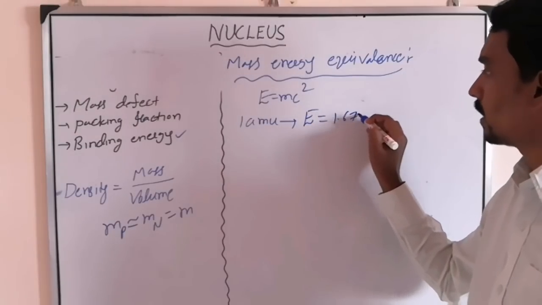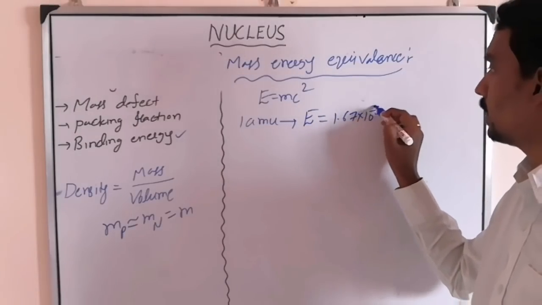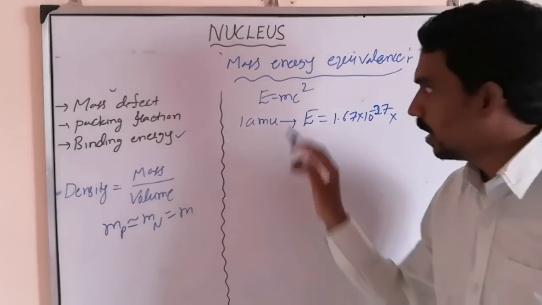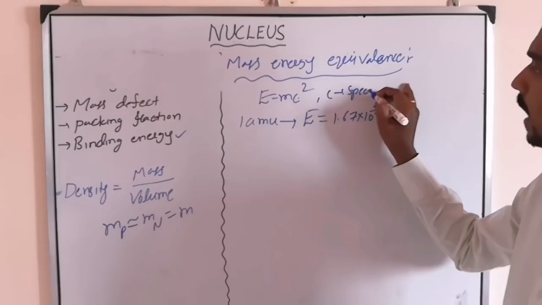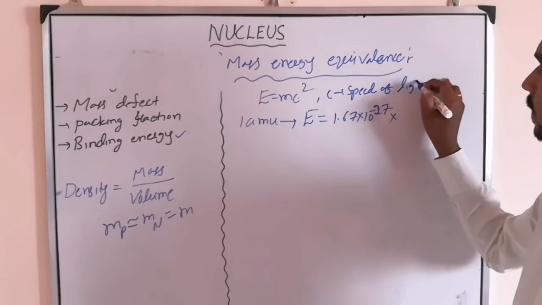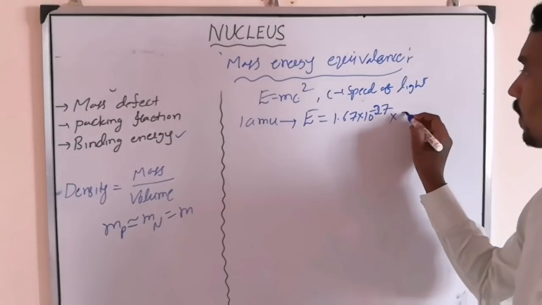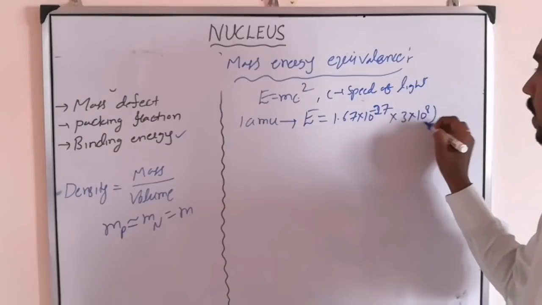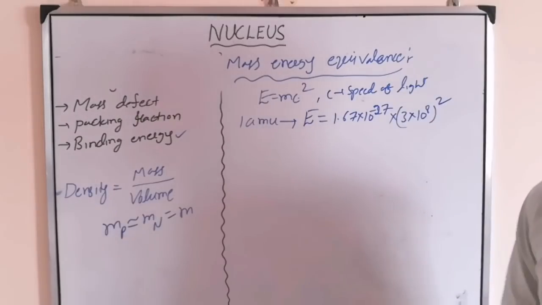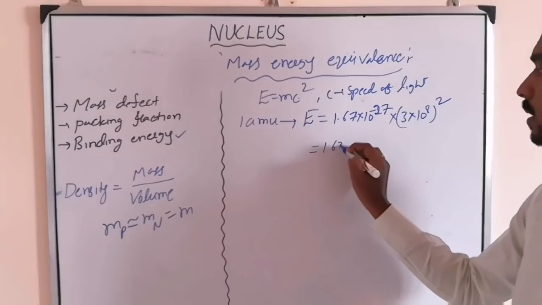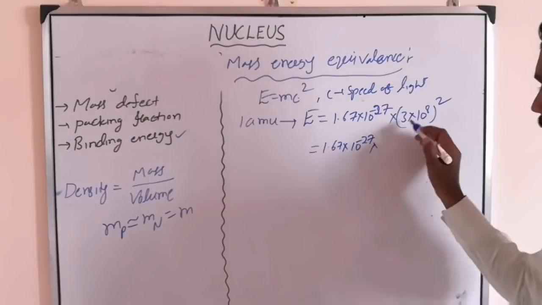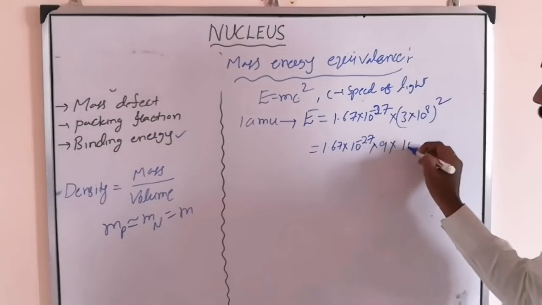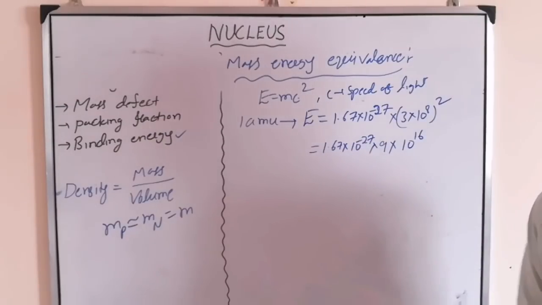So the mass is 1.67 into 10 power minus 27 kg. What is c? c is the speed of light, which is 3 into 10 power 8, whole square. So 1.67 into 10 power minus 27 times 9 times 10 power 16.